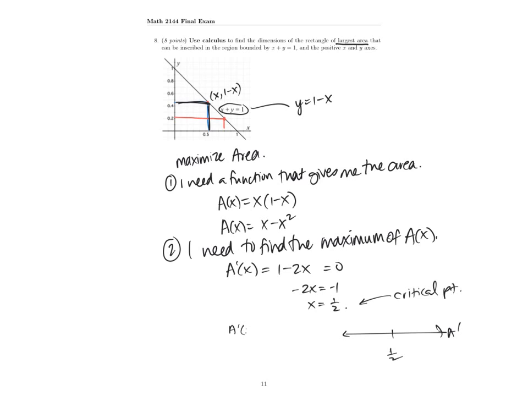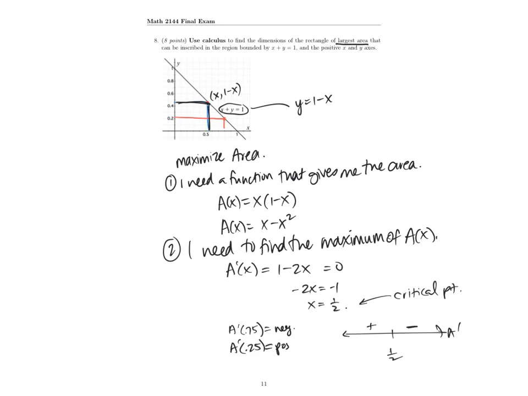A prime of 0.75 is going to be 1 minus 2 times 0.75, which is negative 0.5. So that's negative. And if I plug in 0.25, I'll have 1 minus 2 times 0.25, and I get something positive.